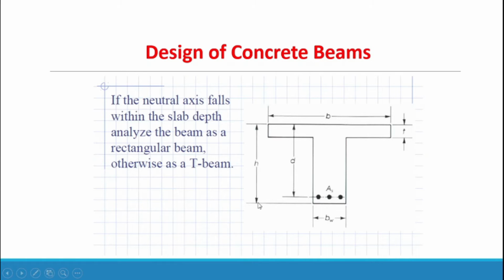So we have the total height of the beam and the effective depth from the center of the reinforcement bars up to the top fiber of the slab. And we have the B or the flange width and the thickness or depth of the slab.